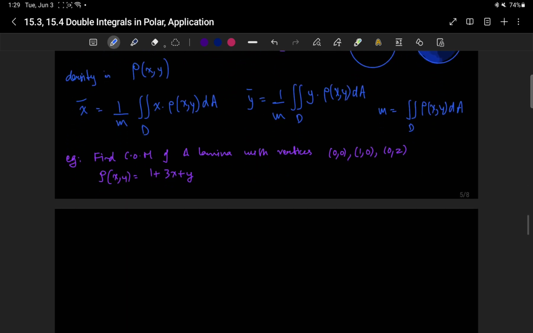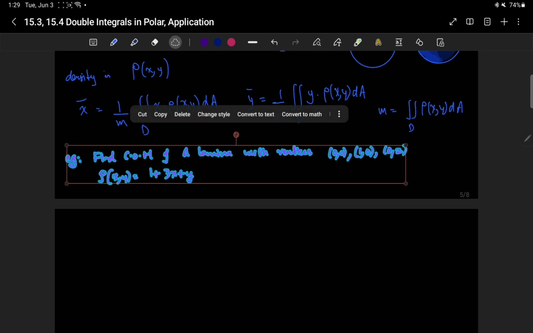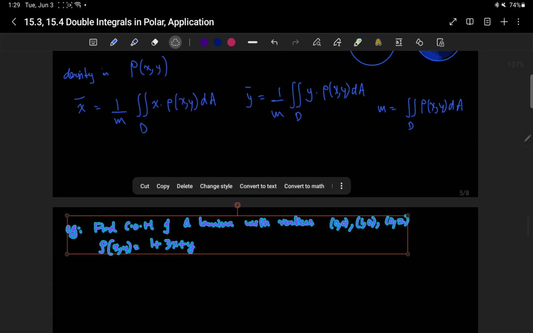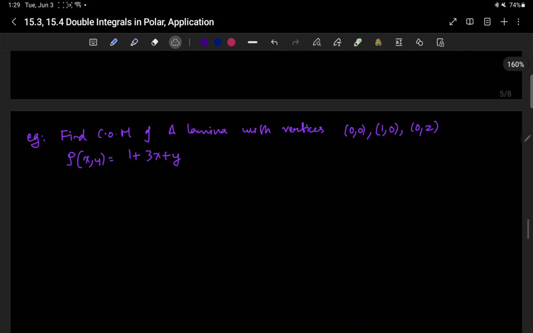Let's look at an example. Find the center of mass of this triangular lamina, which has vertices at (0,0), (1,0), (0,2), and whose density function is given by 1 plus 3x plus y. The first step here is we need the mass. So finding the mass is finding the double integral of the density function, 1 plus 3x plus y, along this region.